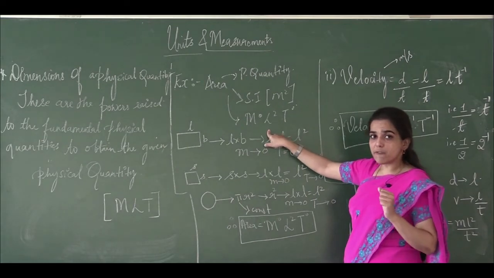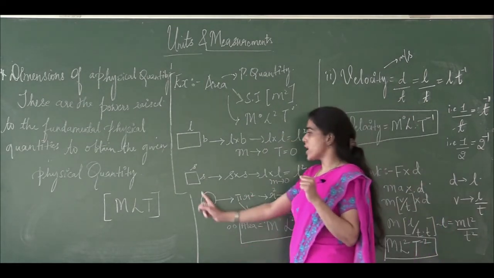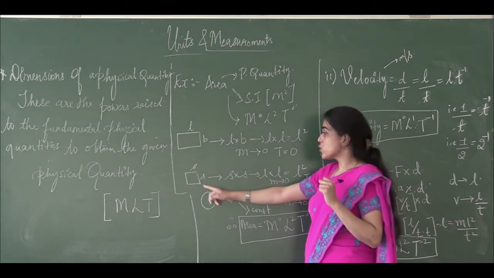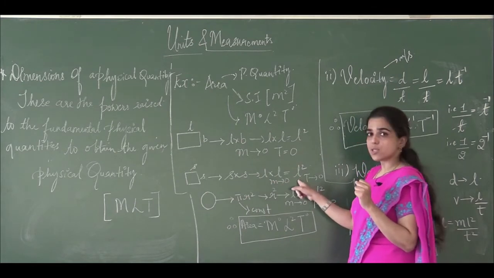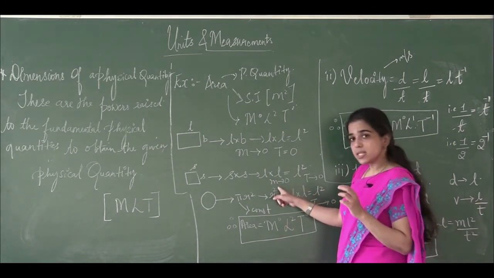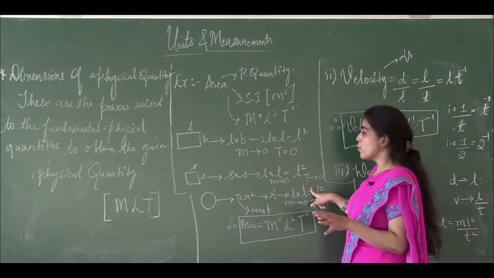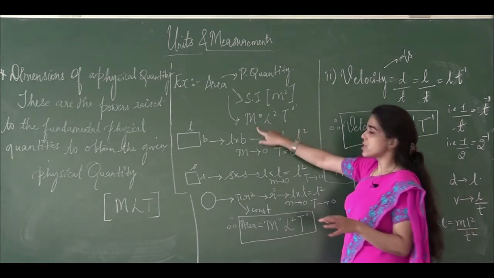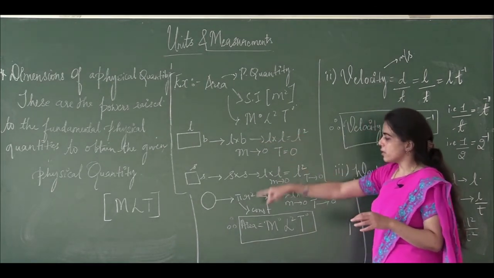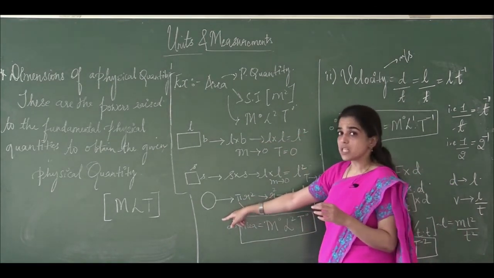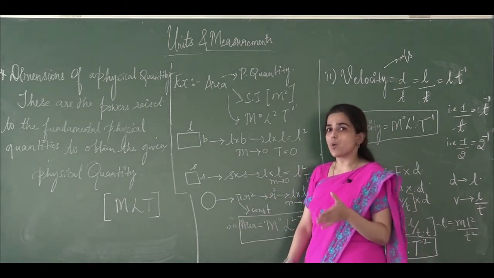In a similar way, if we consider a square, we know the area is side into side, and those sides are also in the form of length. So we have L square, where again the mass is 0 and the time is also 0. So again the dimensional formula for the area of a square is M naught, L square, T naught. In a similar manner, when we consider a circle, the area of a circle is given by pi r square.